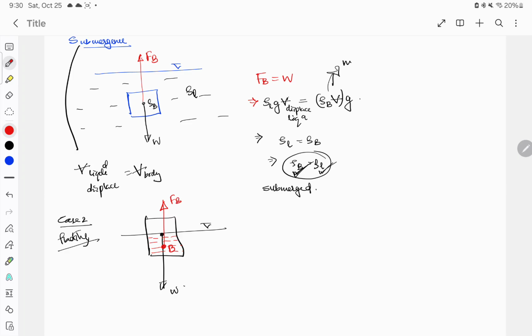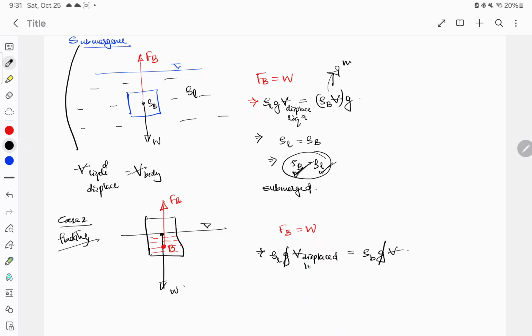Since this body is floating, the buoyant force is being balanced by the weight. The buoyant force is the density of the displaced liquid into g into volume displaced, equal to the volume of the body into the density of the body into g, and g cancels out.